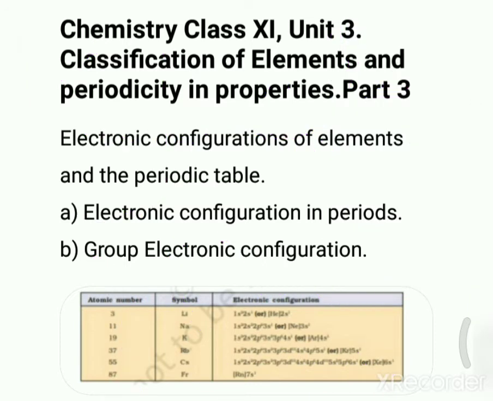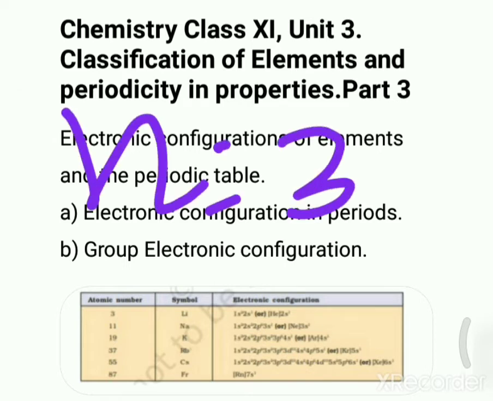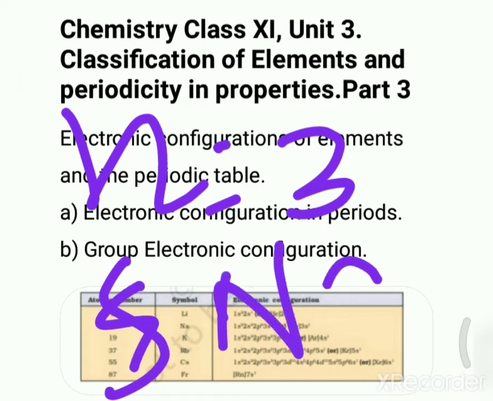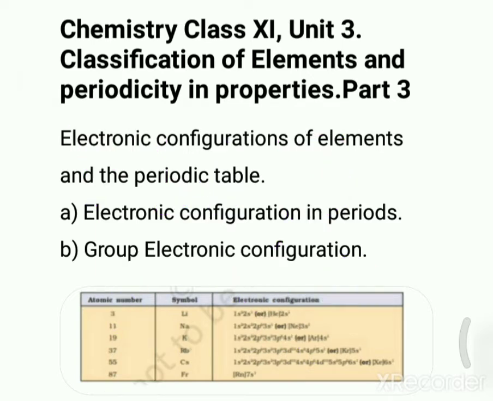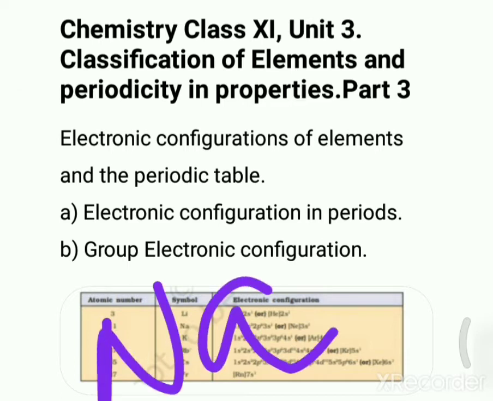The third period is n equal to 3. The third period begins with sodium, and the added electron enters the 3s orbital.